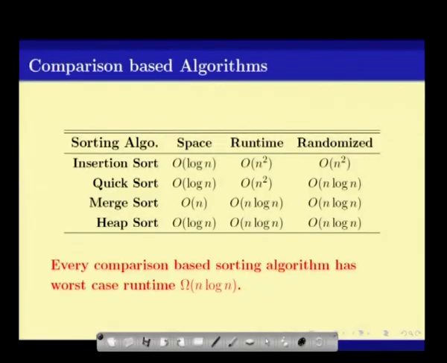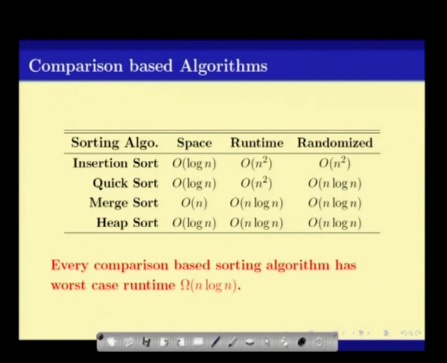So, here we have seen 4 algorithms with runtime O of n log n, whereas every comparison based algorithm has worst case runtime omega of n log n. Or in other words, we are basically tight.